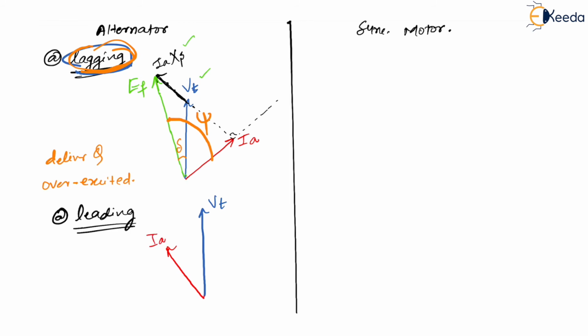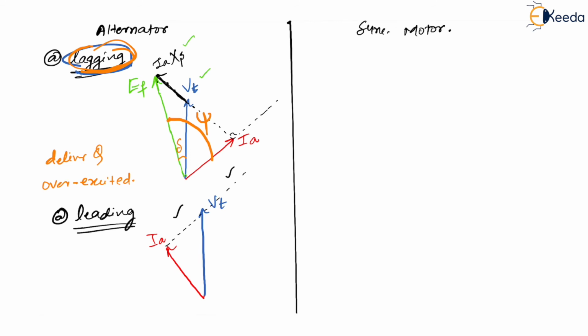Now, please don't think about the IA axis, whether it will come upside or downside. Wait, I'll tell you. If you see the IA axis, definitely at 90 degrees to IA passing through VT, there will be the IA axis. Now, whether it will be here or here, we don't know, correct?